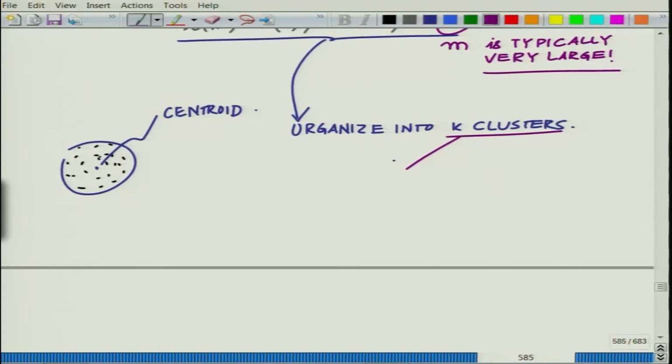It might not be simply based on distance, but on some notion of distance. This is something that is closest in some metric to the different points belonging to the cluster. This is what we call the centroid, and each cluster has a centroid.